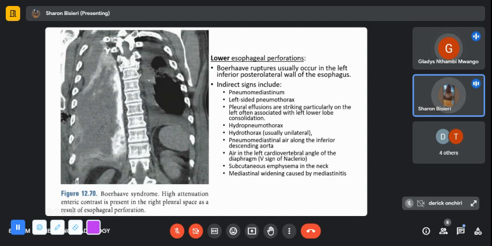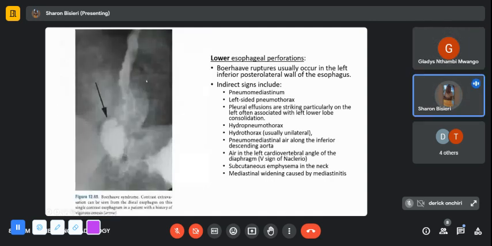I have a question about that. Why is it not a hiatus hernia? I'd put that as a differential, but the thing that would make me not think of it as a hiatus hernia is this lucency, the air around it.